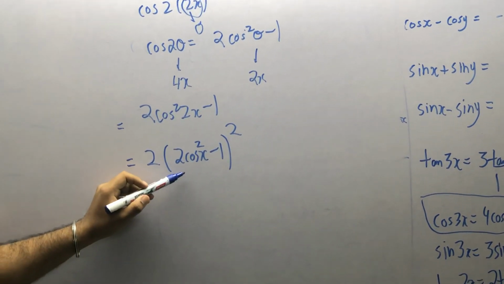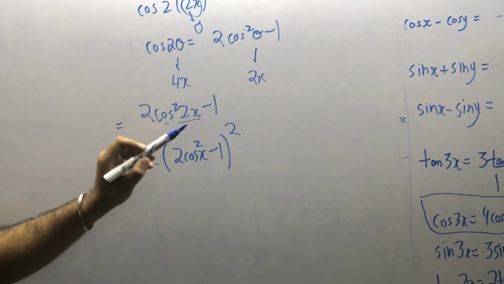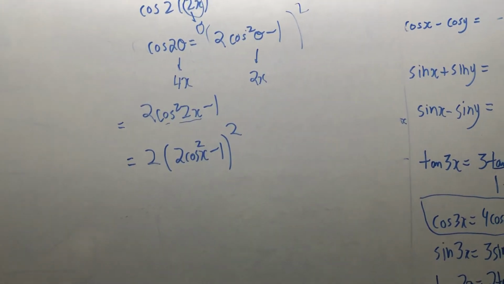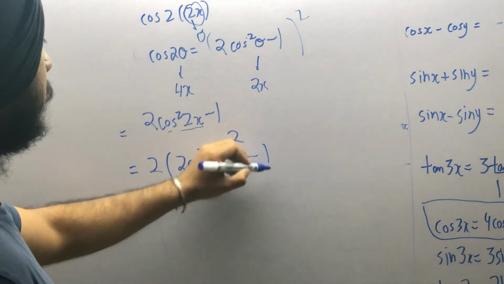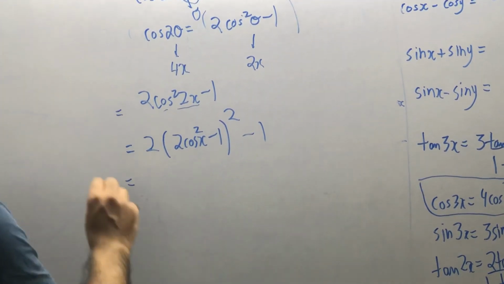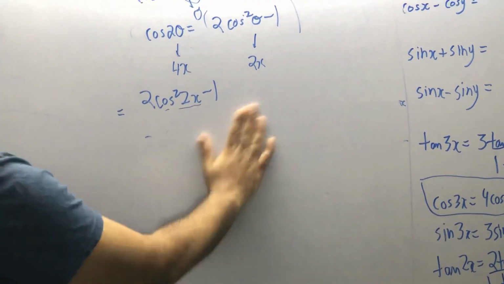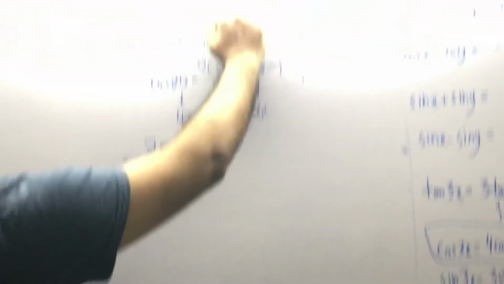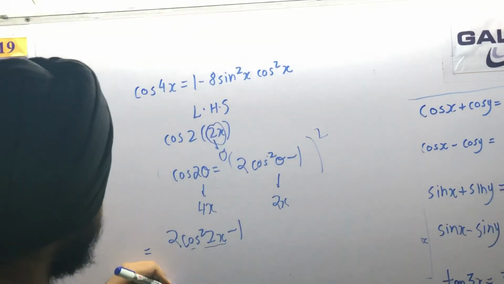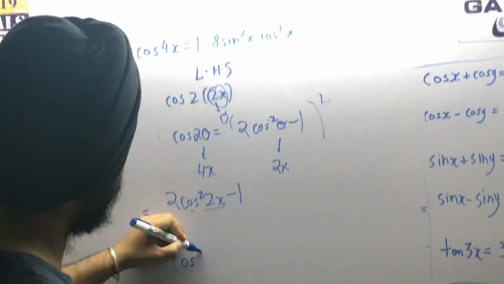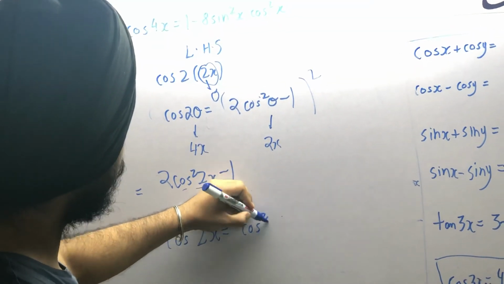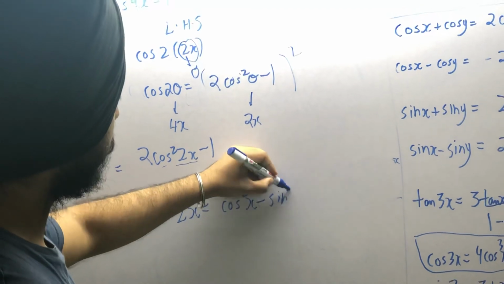So here we have cos square 2x. So basically this means the whole square of this. Now we will open the minus 1 also here. Actually, what will I do? Sorry. See, here we have sine square also. So somehow we have to bring sine square into play. I know cos 2x is equal to cos square x minus sine square x.